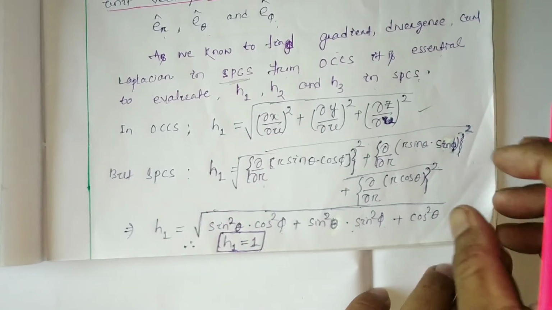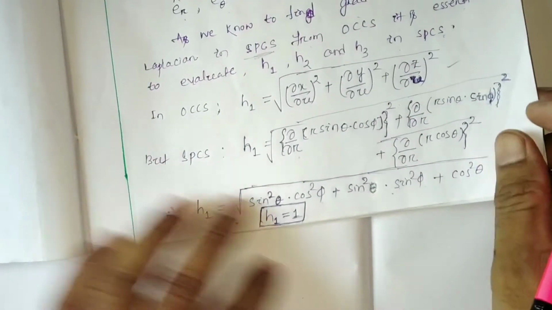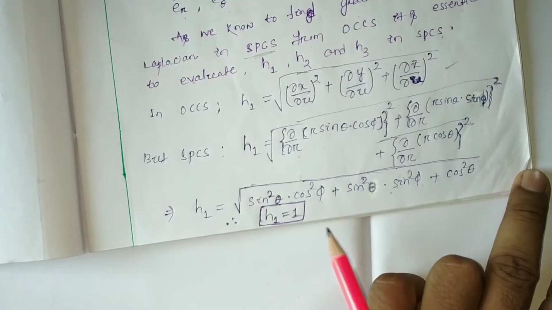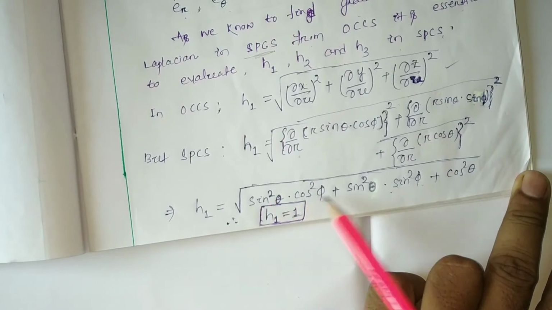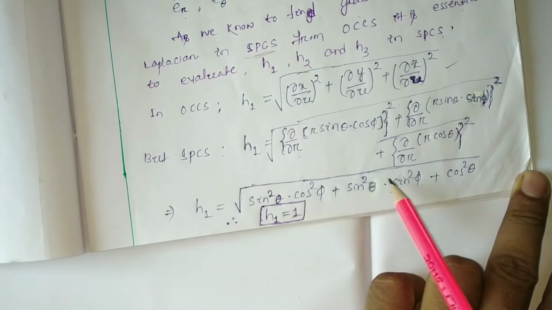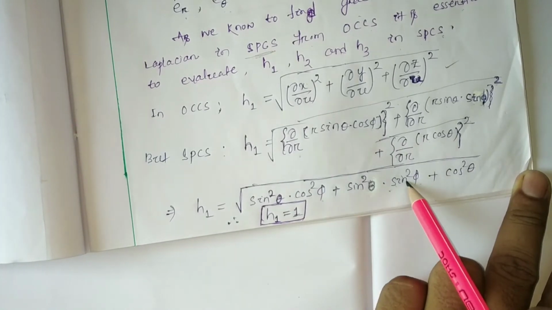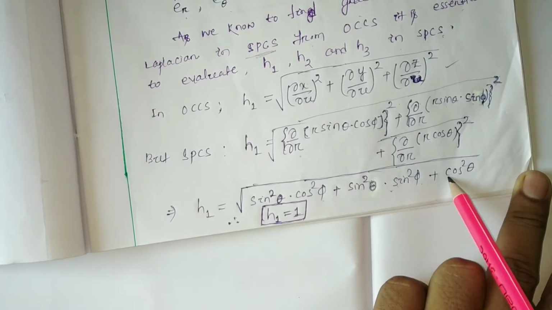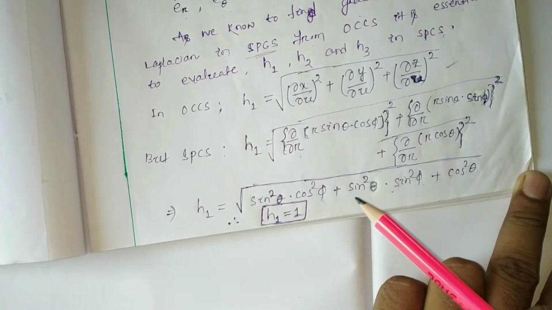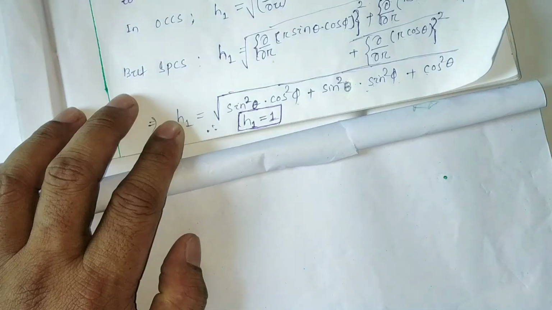Here you can see that this entire value will be 1. How is it? If I take sin square theta common from these two terms, then we find cos square phi plus sin square phi, which itself is 1. Sin square theta plus cos square theta is 1. Root over of 1 will be 1. Just wait, I am going to show you.